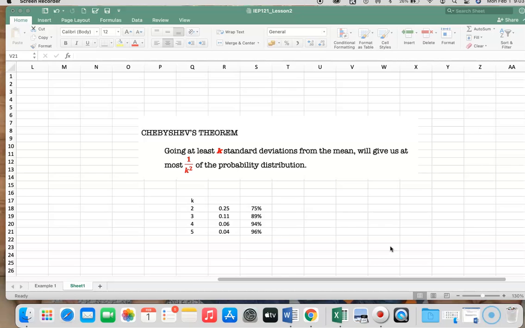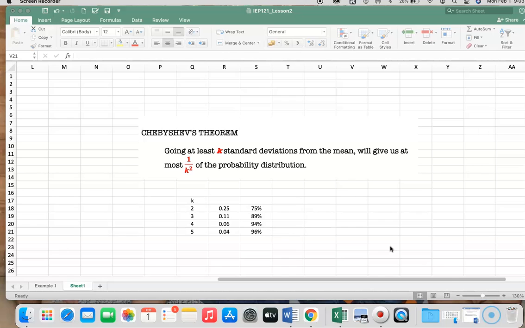The empirical rule tells us what to expect concerning the probability distribution and its relationship to the mean and standard deviation for a probability distribution that is mound-shaped or normally distributed. That's what we assumed during the computation of the mean, variance, and standard deviation.